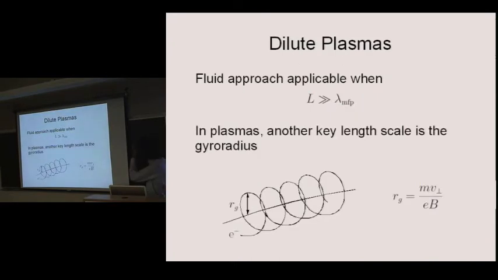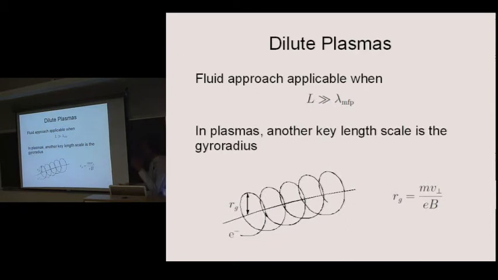Okay, now I want to shift gears a bit and talk about dilute plasmas. So in general, if you want to use a fluid approach, you want to make sure that the mean free path between collisions is short in comparison to the length scales in your problem.